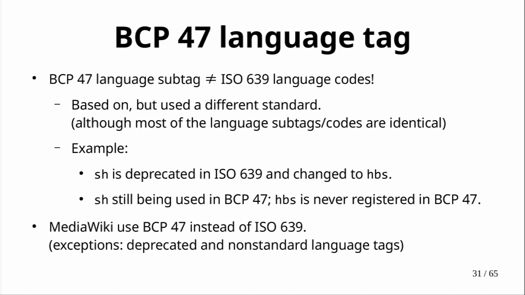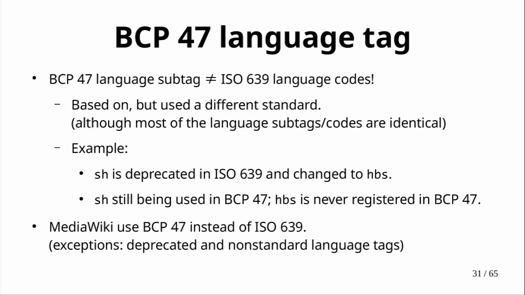But there are some considerations, like BCP 47 language tags are not equal to ISO 639 language codes. They might not be the same. And so there are actually many places that say this is the ISO 639 code they want to use, but actually they're using BCP 47.